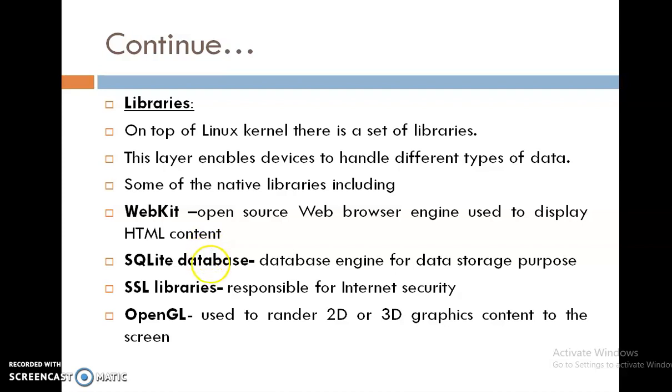It's a kind of browser. Then SQLite database is a database engine for data storage purposes. Android has an inbuilt SQLite database, which is a lightweight relational database. Then SSL libraries are responsible for internet security. OpenGL is used to render two-dimensional or three-dimensional graphics content to the screen.